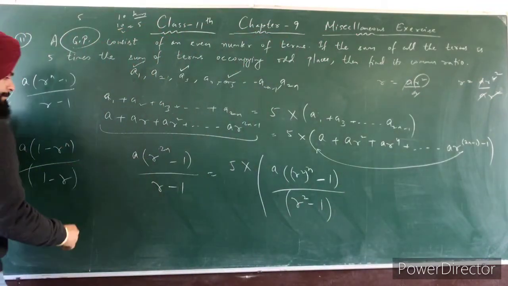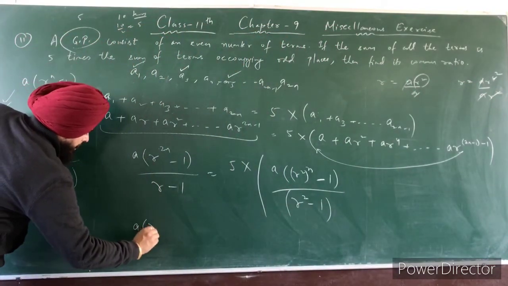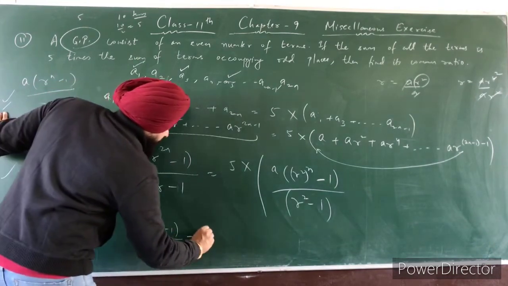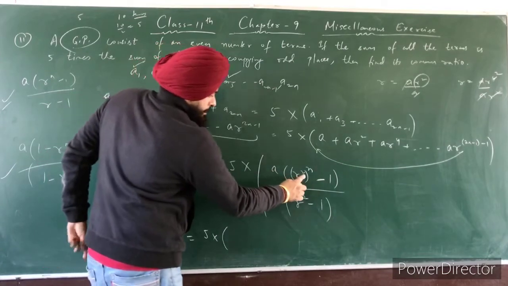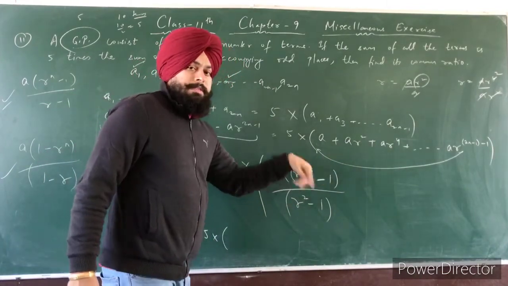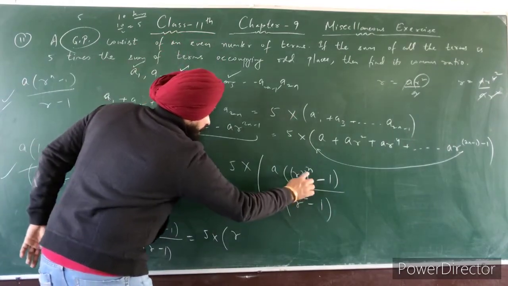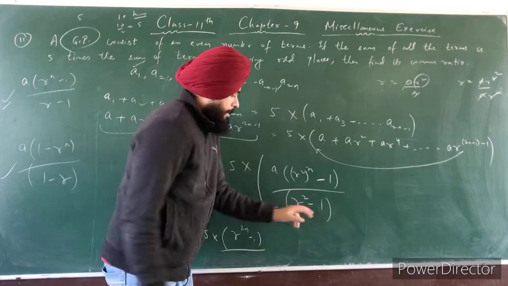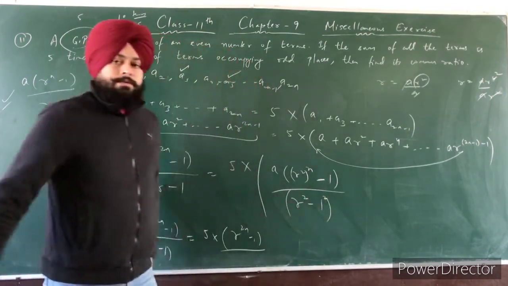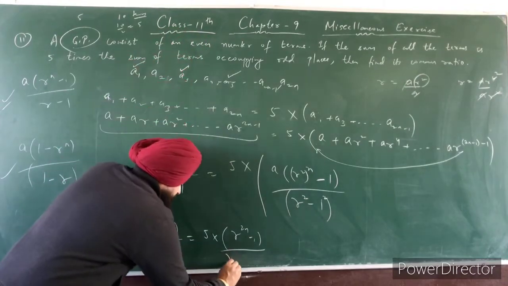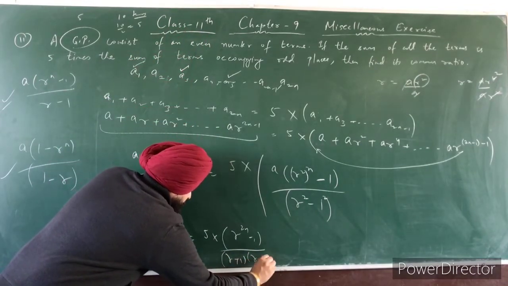Now we are solving this. a(r to the power 2n minus 1) over r minus 1 equals 5 times a(r squared to the power n minus 1) over r squared minus 1. Since r squared to the power n is multiplied out, it becomes r to the power 2n minus 1. Now r squared minus 1: you can write 1 as 1 squared, and the formula is a squared minus b squared equals (a plus b)(a minus b). So it is written as (r plus 1)(r minus 1).